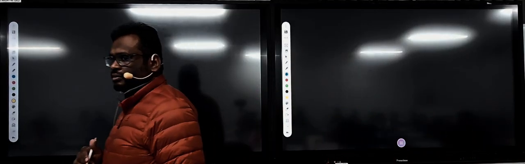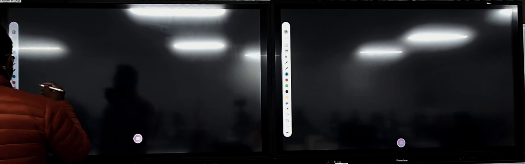Okay, so we are going to start the lesson. Speed time graphs.